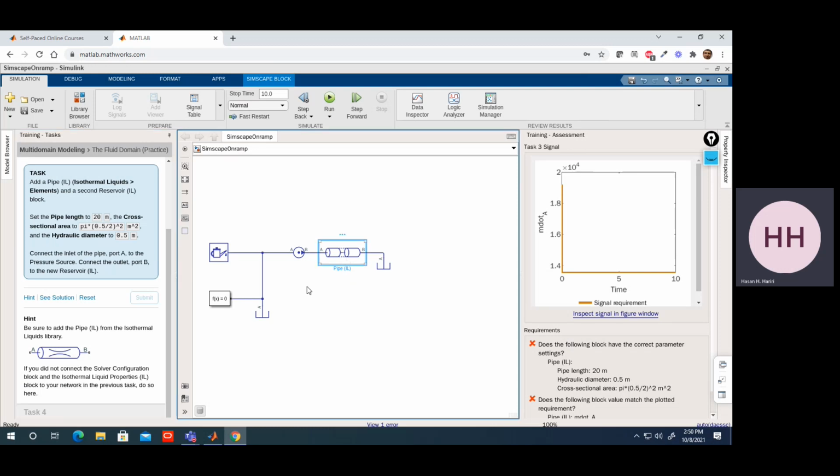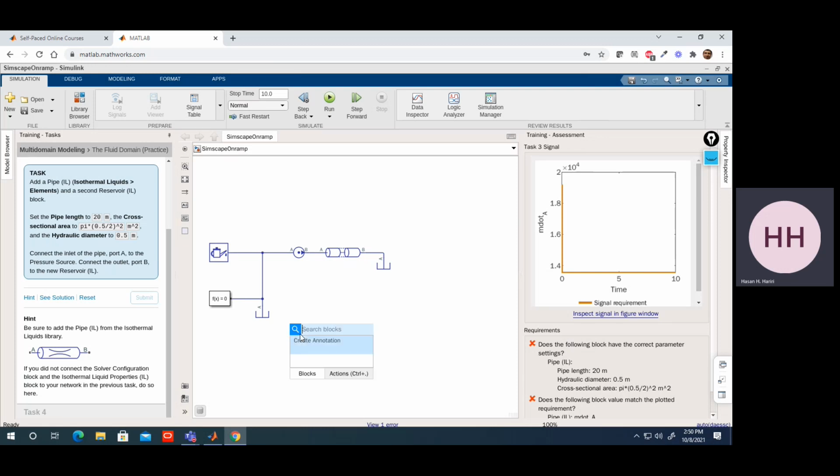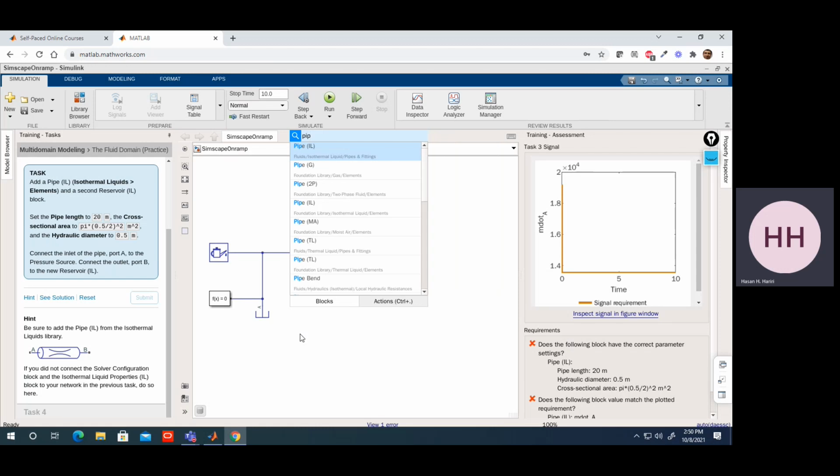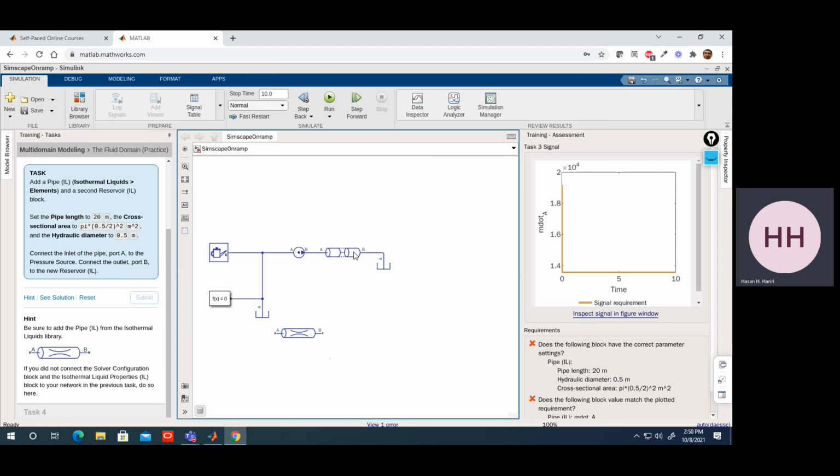Okay, it seems this is not the pipe we want. Pipe IL, but it seems like you have another pipe. Look, this is something different. Be sure to add the pipe from the isothermal liquid library. So here it is. Not the first, not this one, it is this one. All right. So that's what caused the problem.